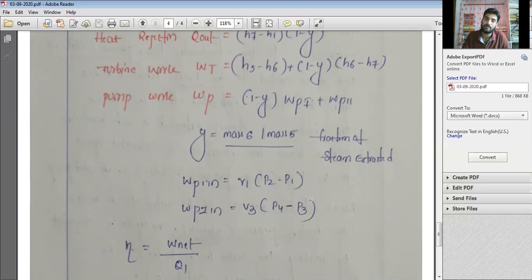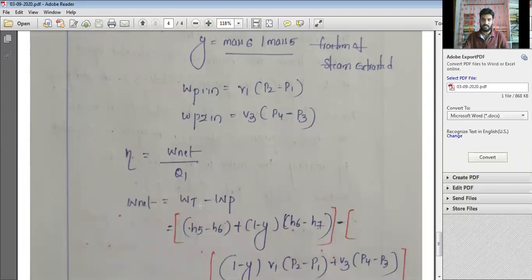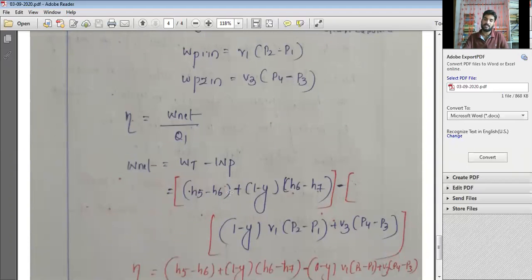Now I know the pump work and the turbine work, so I can find the net work done. The net work done is equal to turbine work minus pump work. So H5 minus H6 plus 1 minus Y into H6 minus H7 is the turbine work.